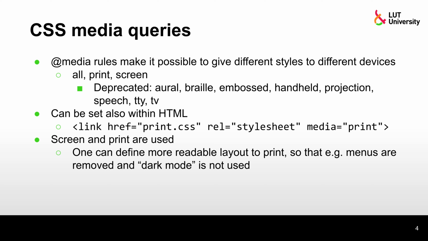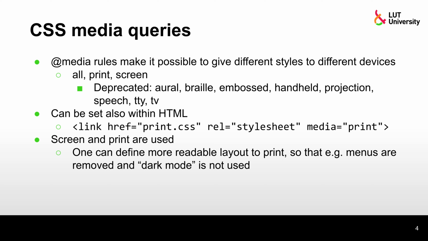For example, if we are building a web page that has a black background and white text, and we would print that kind of a page, then we would get the printer to print black. Almost all paper would be black. So we define this print.css file which reverses this, so that it uses a white background with black text. Then not that much ink is used, which is of course very environment friendly.